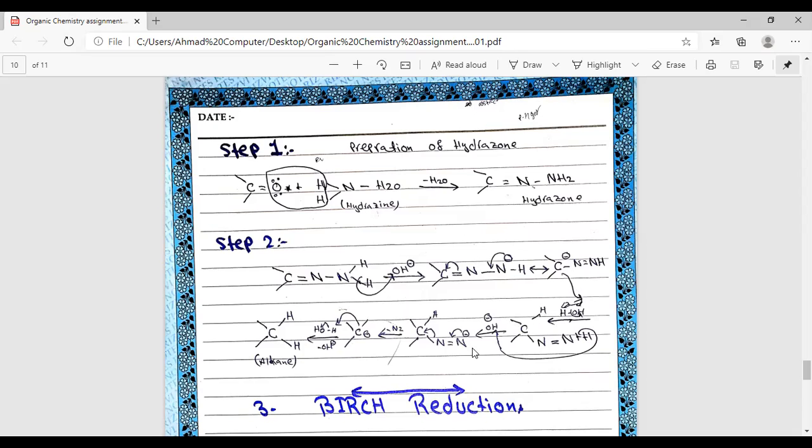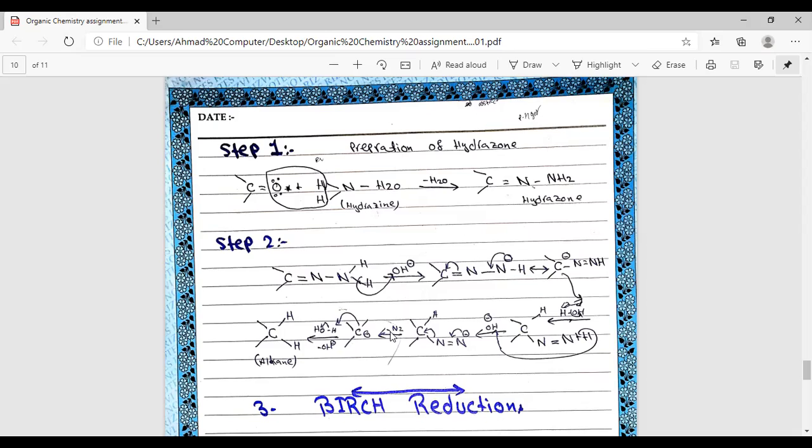In this structure, the OH has the negative charge, from potassium hydroxide. Again it abstracts the acidic proton, and here is the negative charge on the nitrogen. There is a double bond with nitrogen, and when the nitrogen donates its electrons, the single bond between the carbon and the nitrogen breaks, and nitrogen is evolved.